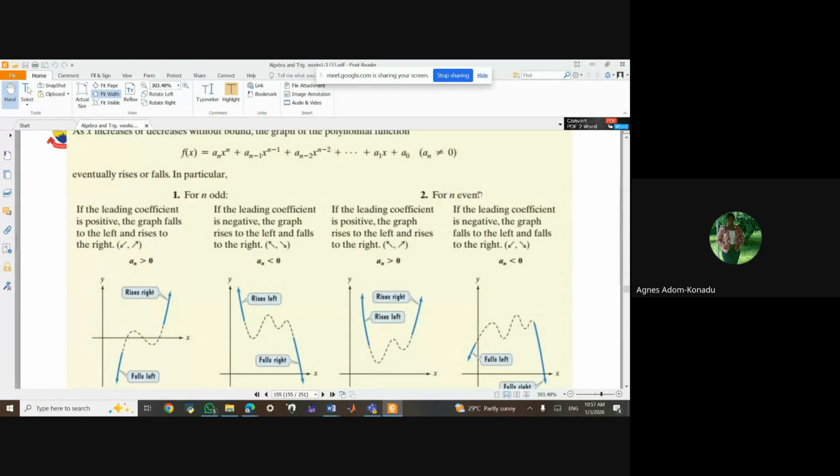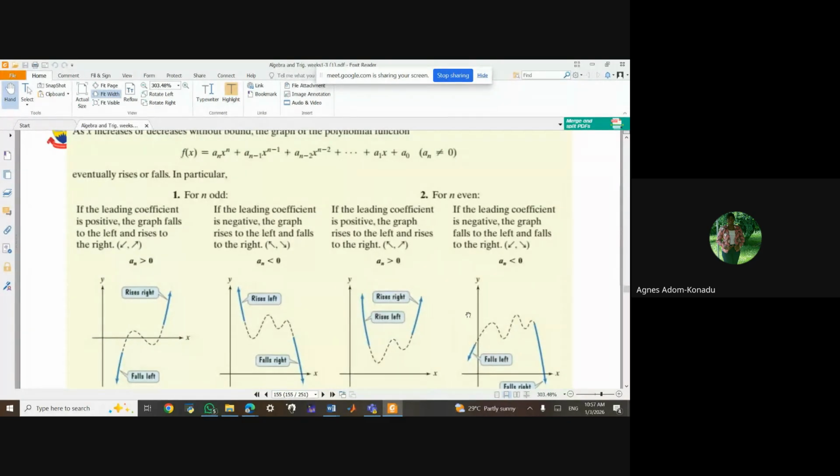Now, if n is even and the leading coefficient is greater than 0, then it will be like this. Just like for quadratic, we know that if a is greater than 0, then it opens up. The same thing, if it's even and a is greater than 0, the graph will look like this. If it's even and a is less than 0, then the graph will look like this.